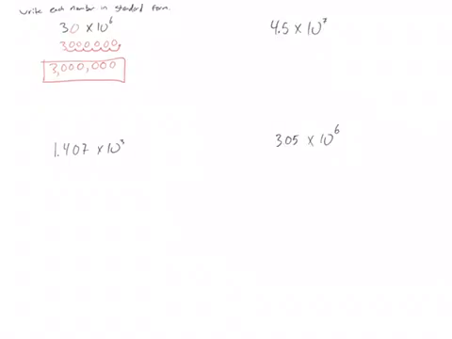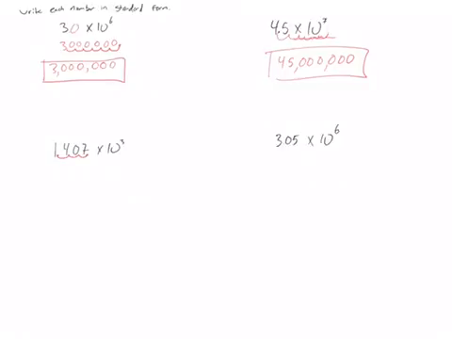Okay. Same idea for this one. I'll move it over 7 places, so it's going to have 6 zeros after it: 1, 2, 3, 4, 5, 6. So it's going to be 45 followed by the zeros. Next one, I'm going to move it 3 places to the right: 1, 2, 3.